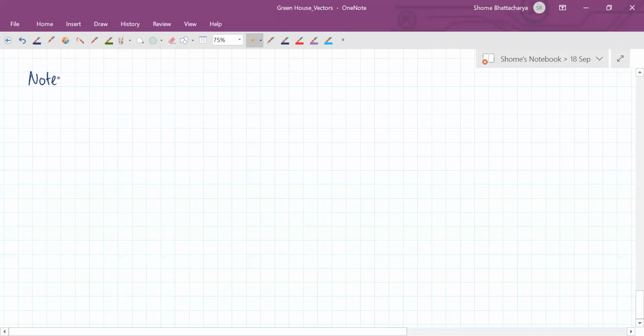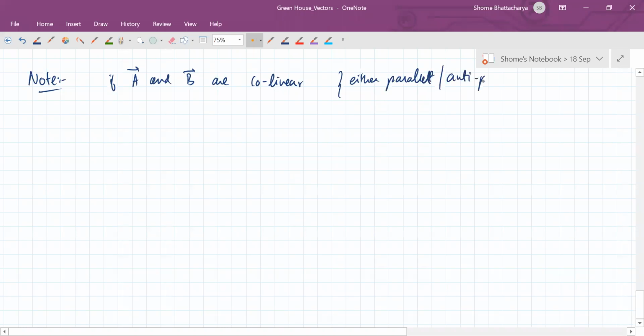This is an additional property you can derive from the cross product concept. If A and B are collinear, either parallel or anti-parallel, that will mean that the vector B will be some scalar n multiplied by A, where n can be positive or negative. Positive corresponds to parallel, negative corresponds to anti-parallel.